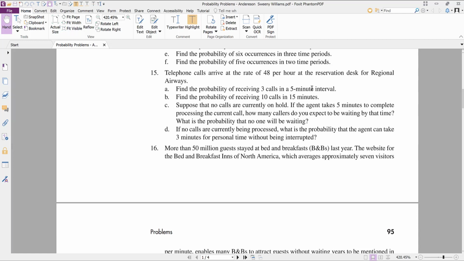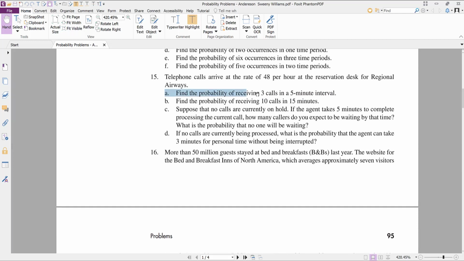So when we will be solving this question, the mean will be 4 calls, and we are interested in getting the probability of 3 calls when the mean is 4 calls. That comes from here, within a period of 5 minutes.